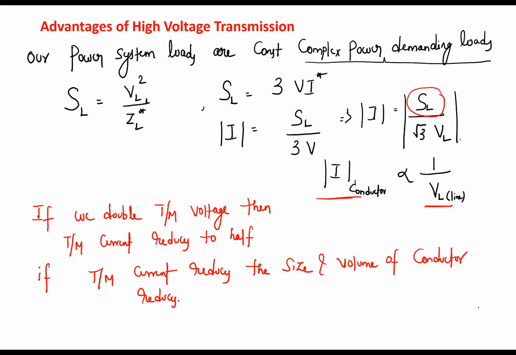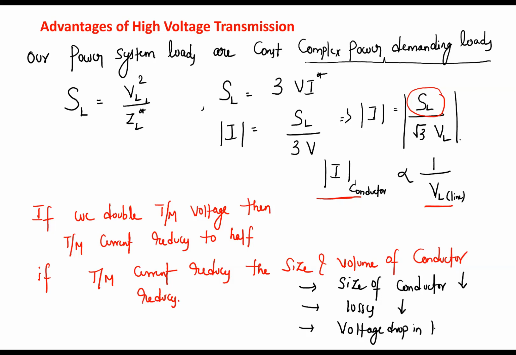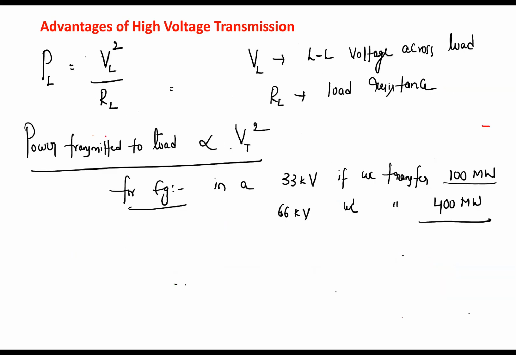So if the current decreases, the three advantages are that size of conductor decreases, losses decrease, and voltage drop in the line decreases.